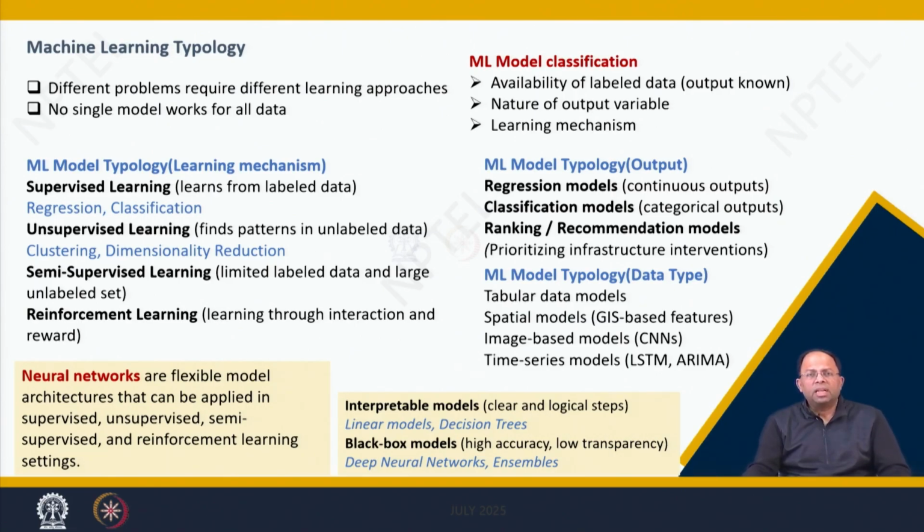Then there is unsupervised learning. That means here there is no label as such. We have a set of data, but we will try to find patterns within it. What happens together, which things are nearby, which things are far away, and so on. So, we try to find patterns in unlabeled data, and this is where you will come across models such as clustering models, dimensionality reduction models, and so on. Then there are semi-supervised learning methods.